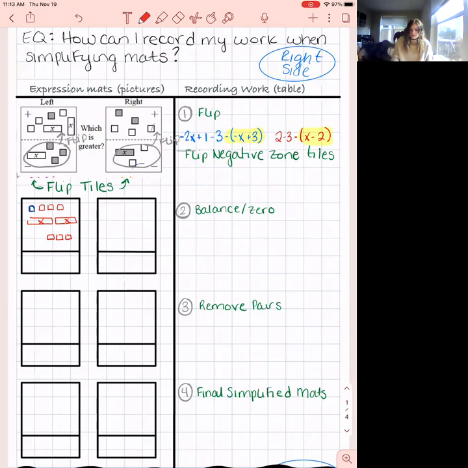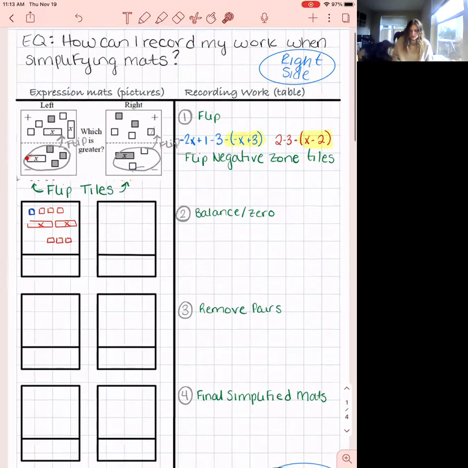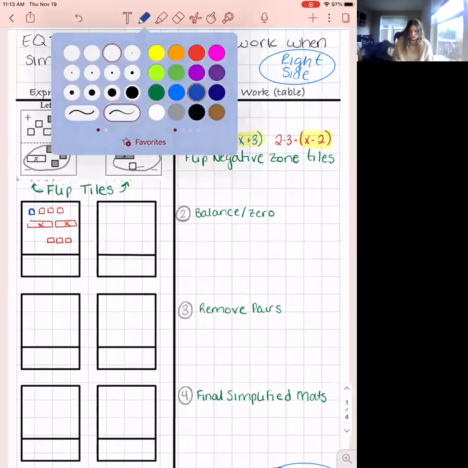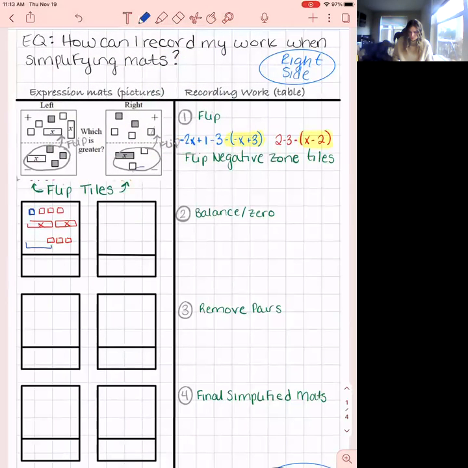Okay, down below, I have a red X tile. I need to flip that up to the top, and when I move it up top, it changes colors. So if it's red down here, it's going to come up, and it's going to need to be a blue X tile. So there is the left side totally flipped.